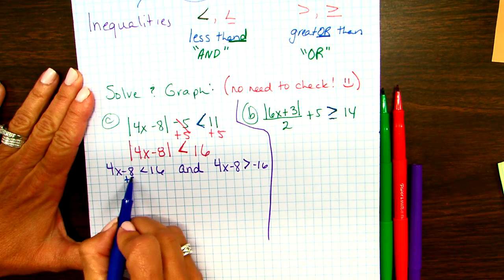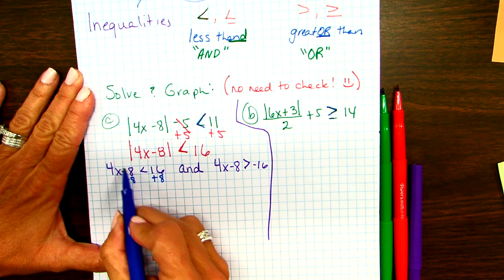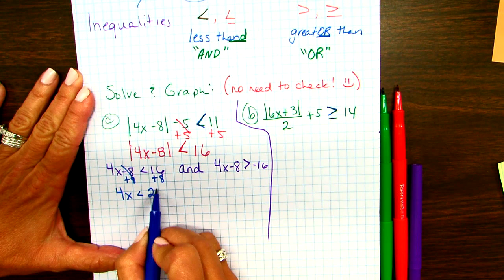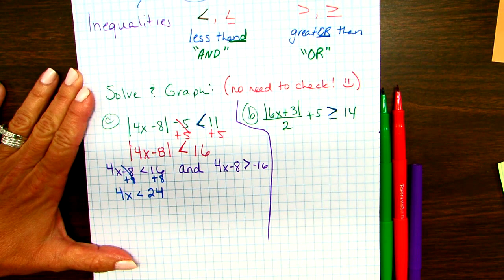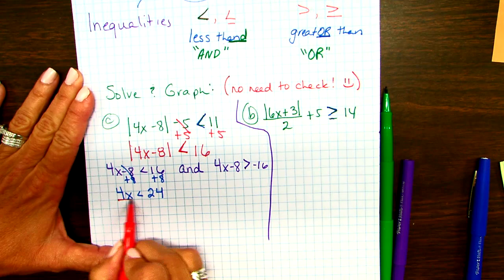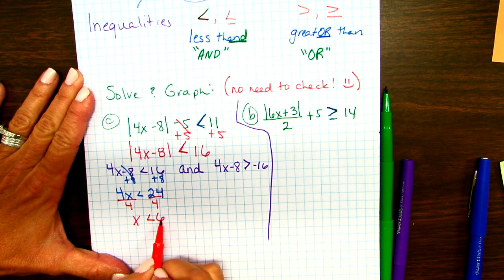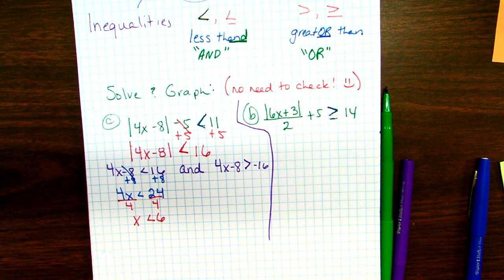So I would add 8. And divide by 4. So for that part of the problem, we get x is less than 6.